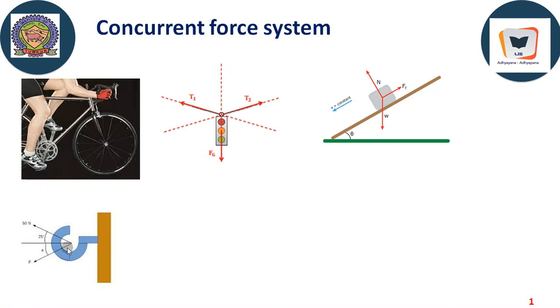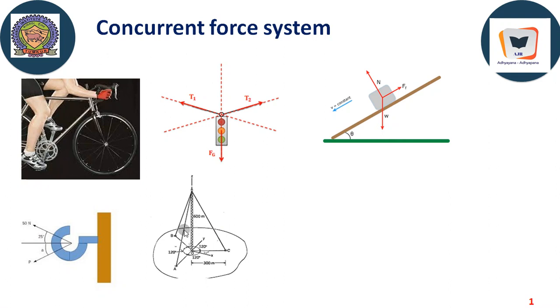And the forces acting over a hook in a bid to pull the hook out of the wall, at the top tip of a tower, which is being held fast, being tied, being supported by guy wires.